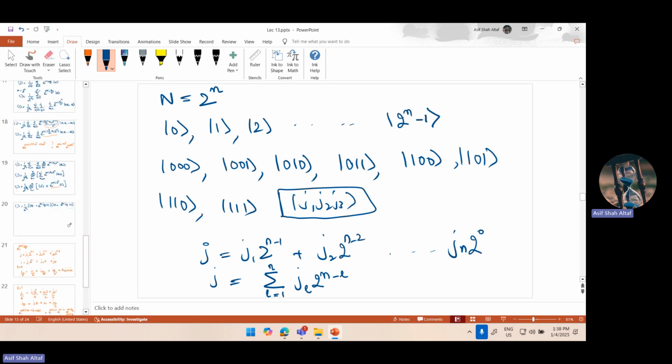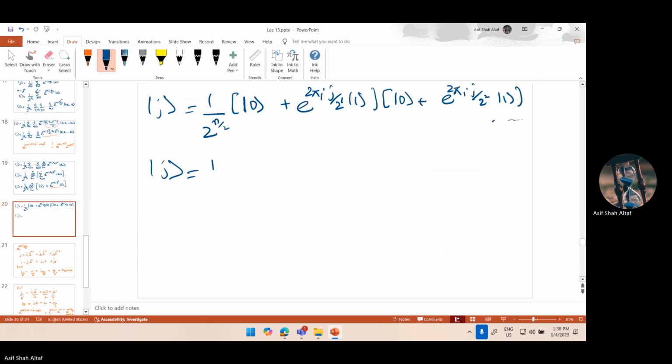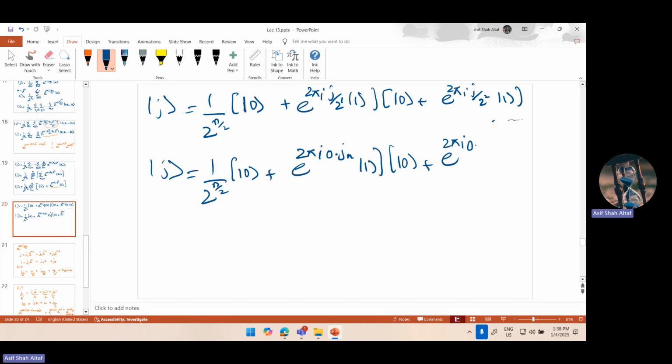In the same way, we can write this thing here as e to the power 2 pi i 0.jn, and the second term will be e to the power 2 pi i 0.jn minus 1 jn, and you will have 1, and so on and so forth till the last term will be e to the power 2 pi i 0.j1 j2 ... jn, because in each of the product terms, the power of the 2 in the denominator will keep on increasing.